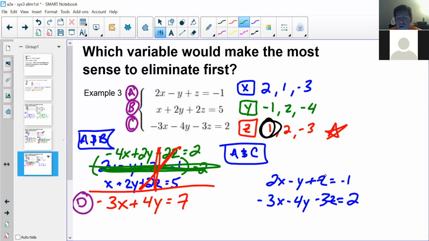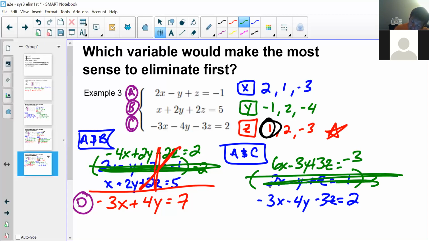I've already made the decision to eliminate the z's first here. I need opposite coefficients. Right here is a 1, and there's a -3. So in order to get opposite coefficients, I'm going to multiply this equation by 3, every single thing. So there's 6x, there's -3y, there's the +3z I really need, and then there's a -3.